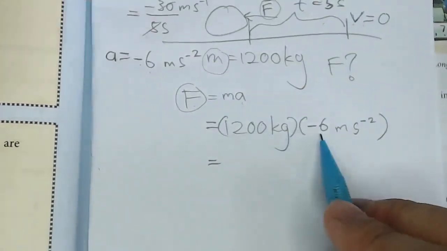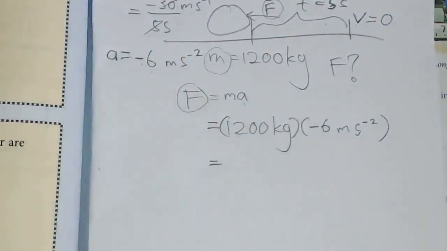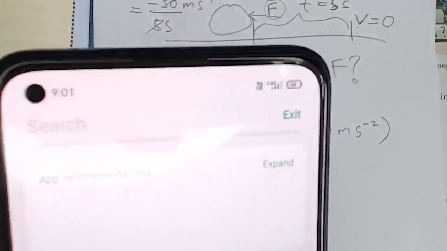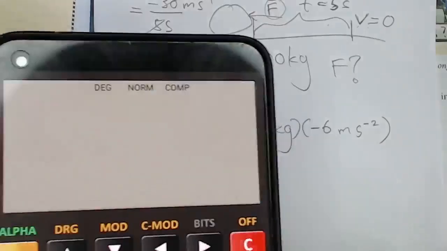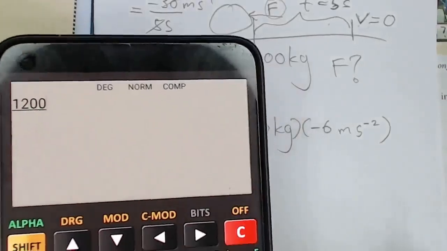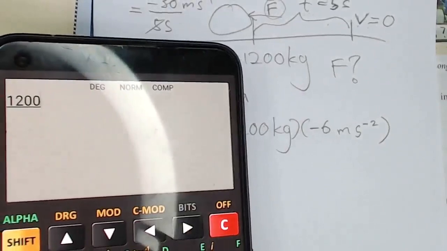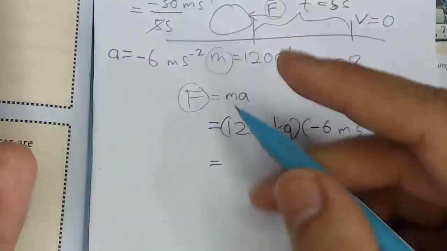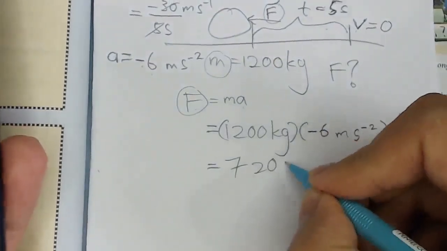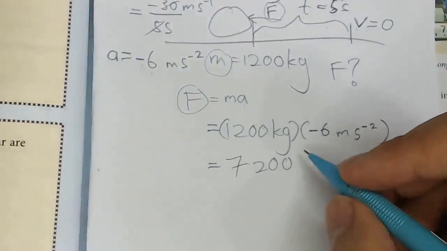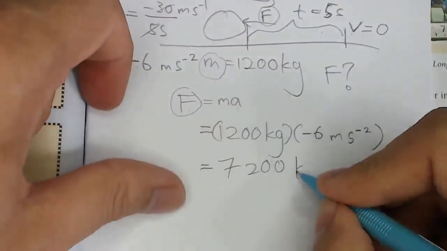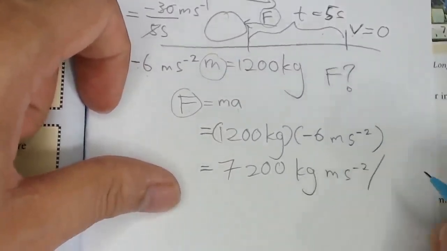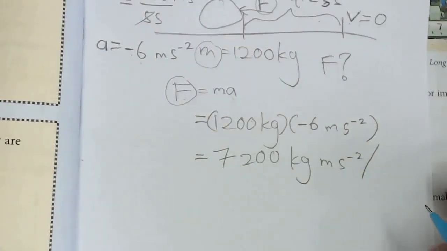Press your calculator to have the value of this. 1200 multiply 6, and we have 7,200 kilogram meter per second squared, or the derived unit for that is Newton.